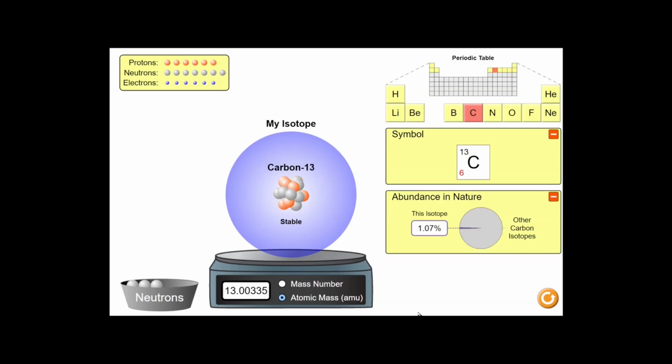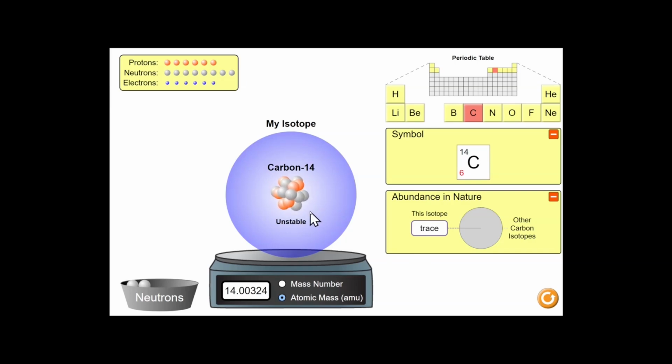We now have carbon-13. This is less common. It's also stable, so it's not going to decay on us, but it's only 1.07% of all of the carbon on Earth. And this has a mass of 13.00335. And if we add another neutron, it's now unstable.